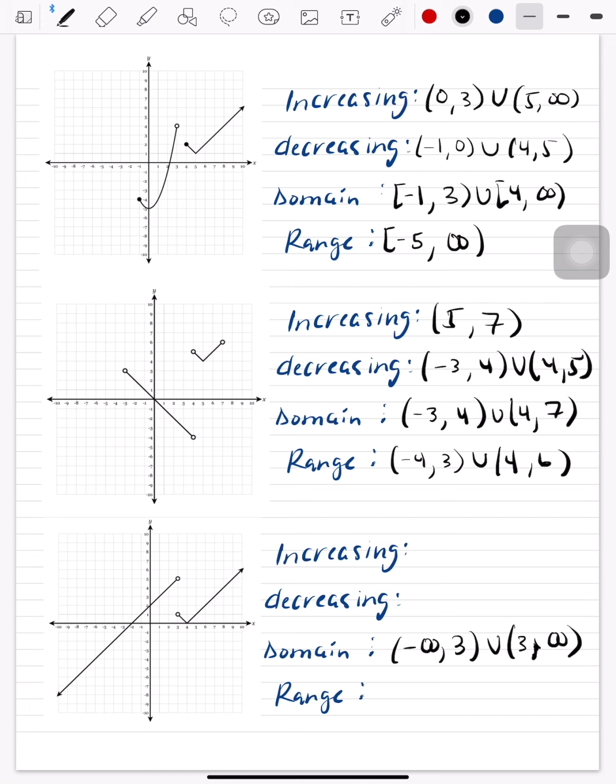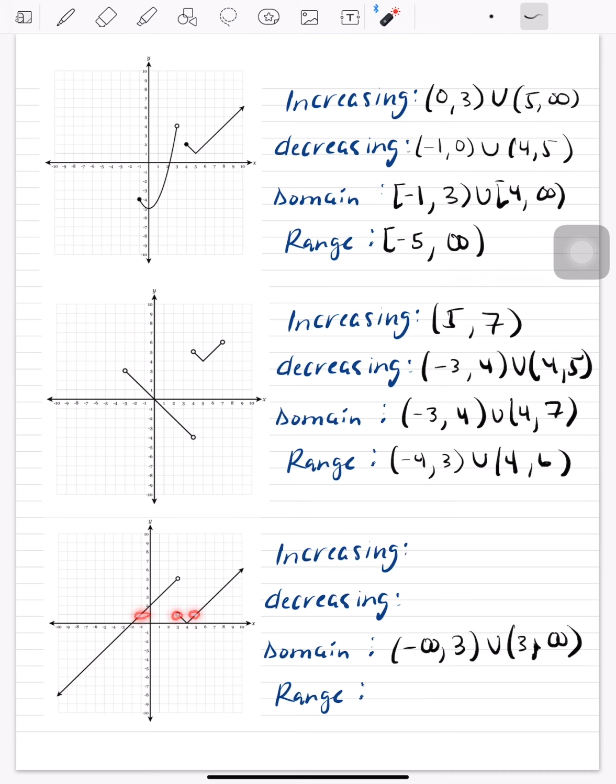Range, okay? Range, if you notice, if we read from the bottom, it comes from -infinity for sure, right? But what's going on is we're going up, but then it hits here, right? And you might be like, well, do we stop there? And the answer to that is no, because this open circle leads to this one right here, or even this one. And so the output of 1 exists here, or it even exists here.